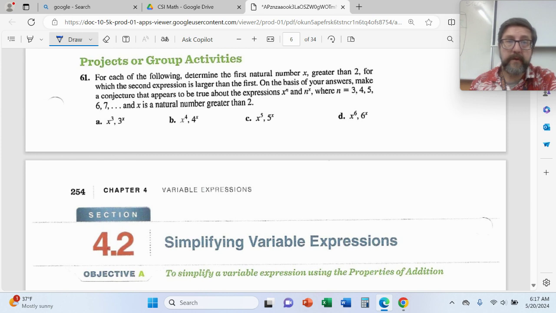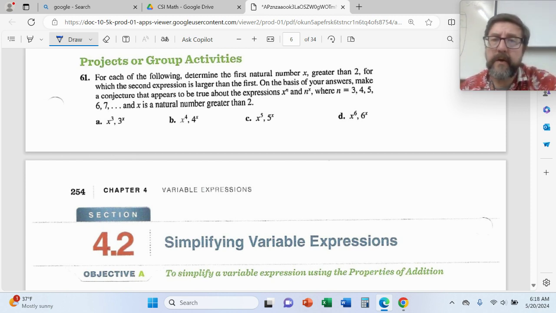If you need help reading, then get somebody to help you read. I'll read. For each of the following, determine the first natural number x greater than 2 for which the second expression is larger than the first.